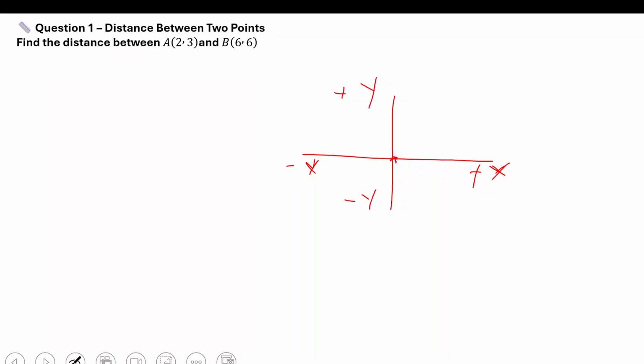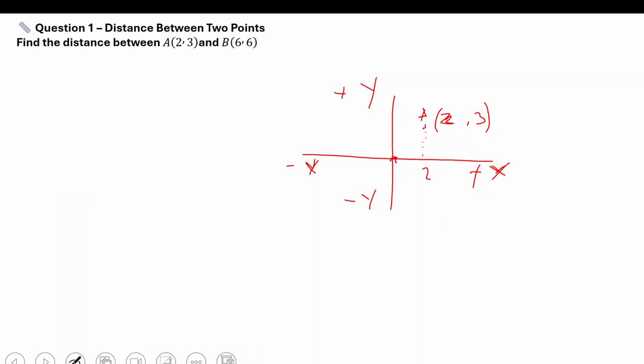So if I have a point like A from this question, A is a point here, and it is referenced as 2 and 3. What it means is that the x-coordinate of A is 2, meaning that if I draw an imaginary line to the x-axis, I will be reading 2.